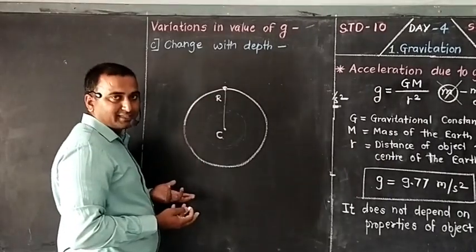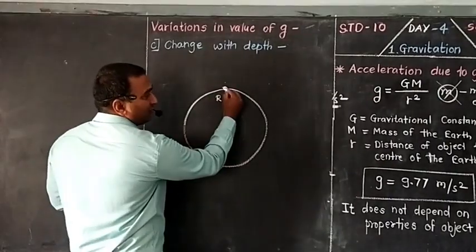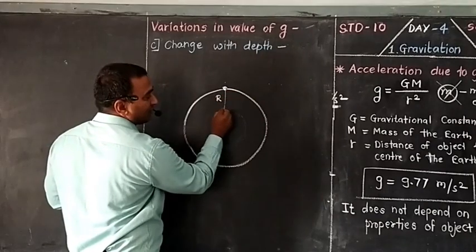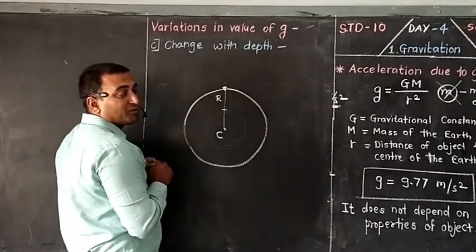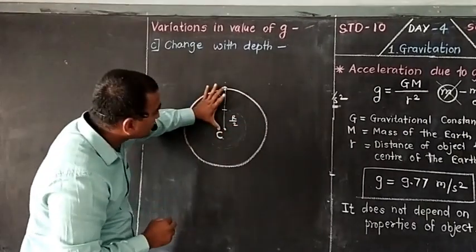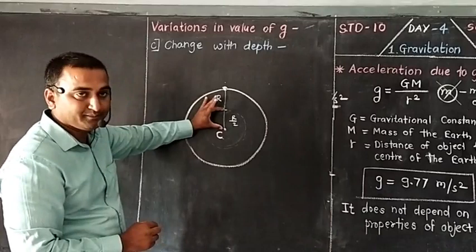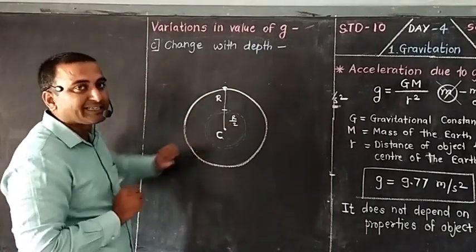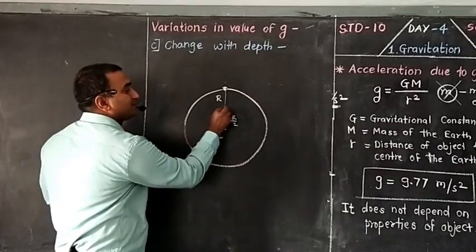That is the radius. Now we are going down. When we go down, down, down, and the object is here, how much is it? That is r divided by 2, that is, half of r.